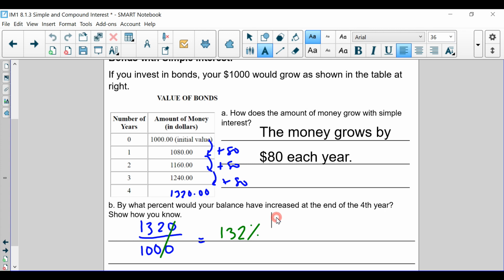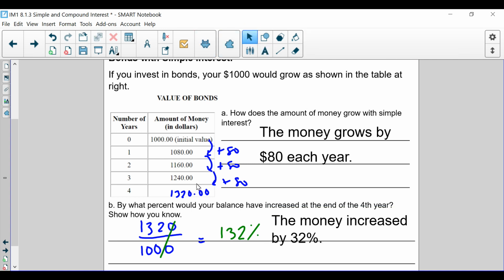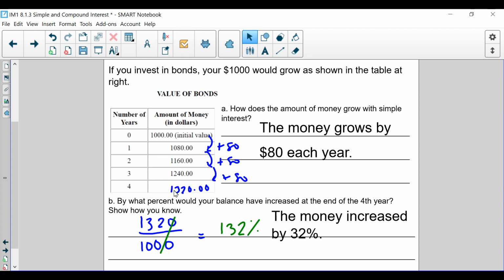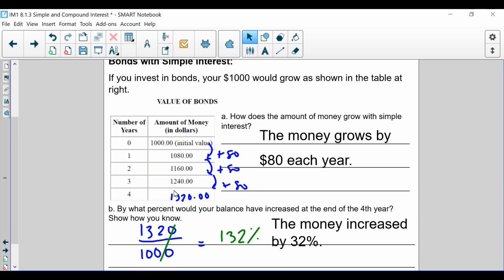How much did it increase? We would say the money increased by 32%. And that's what we have. Okay, so the money increased by 32%. That's quite a large amount of money to grow, but that is what happened here.